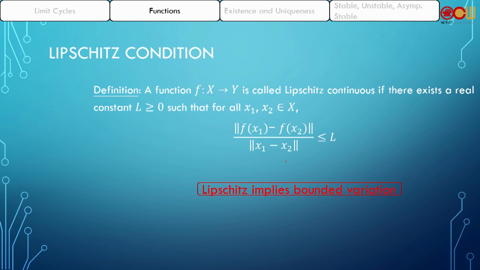Given any x1, x2, the absolute value of the slope cannot be greater than some positive constant. So it's the upper bound of the slope. If this condition is satisfied, we say it satisfies the Lipschitz condition. So basically, this implies the function has bounded variation.